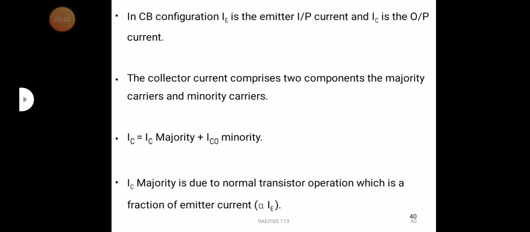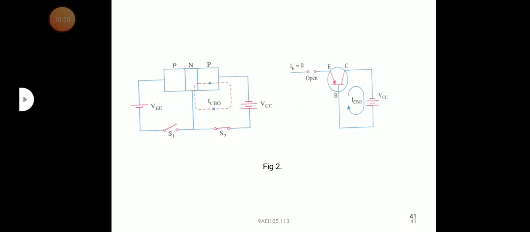IC majority is due to normal transistor operation, which is a fraction of emitter current, that is alpha IE. Alpha equals IC by IE. Simply we can say that IC equals alpha IE.